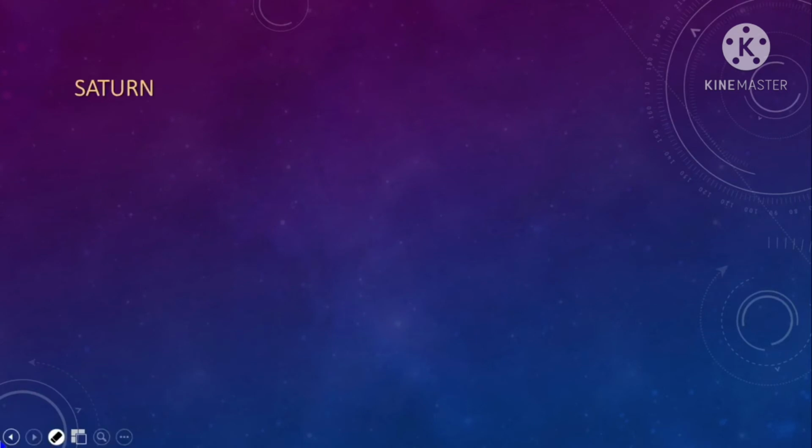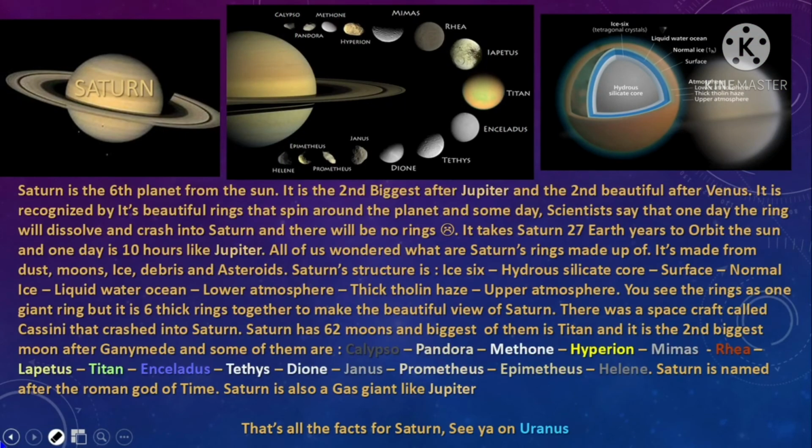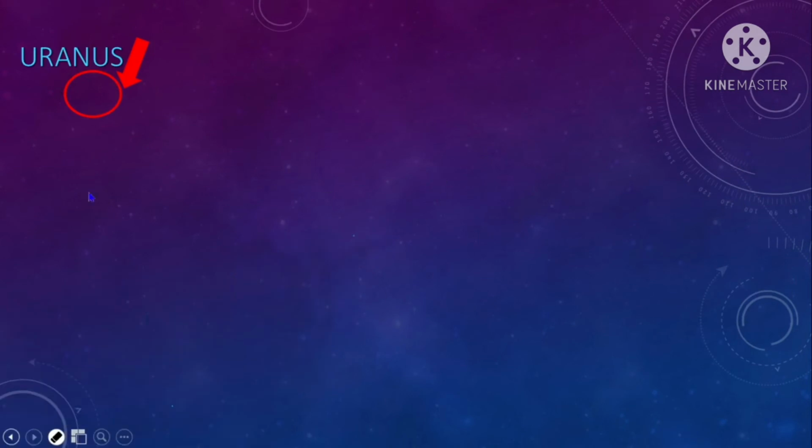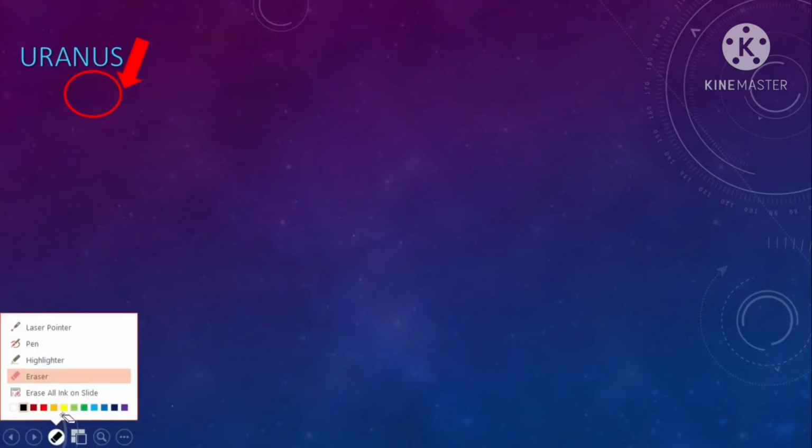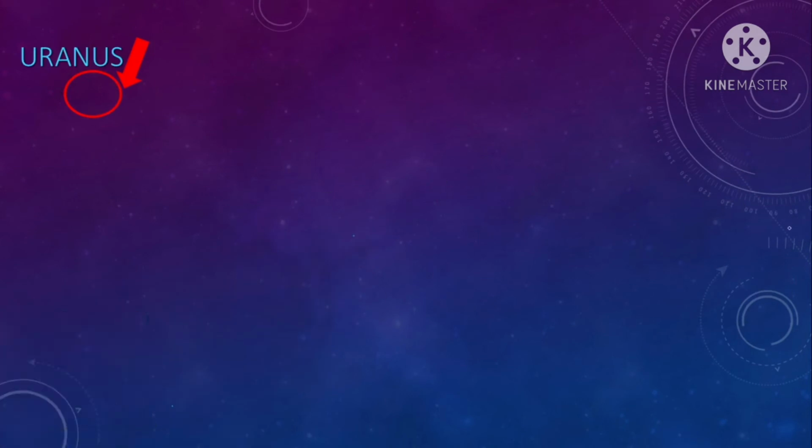Okay, why did I go back to Saturn? Okay, on the other hand, Neptune here is further from the sun. That means that it doesn't get very much sunlight or the sun rays, I think.